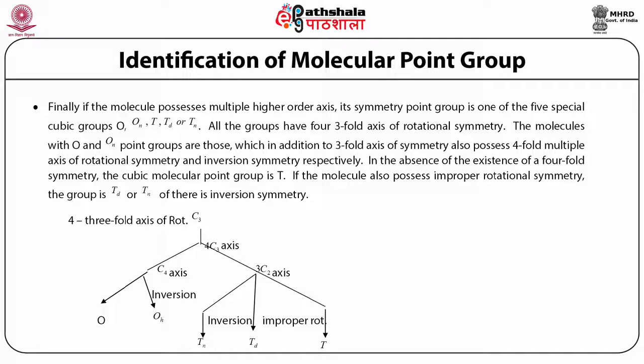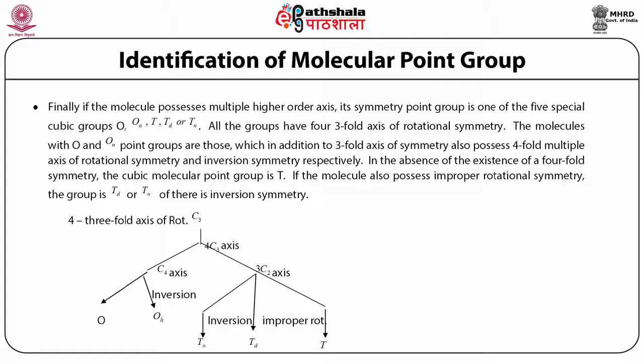The molecules with the point group O and Oh are those which, in addition to the threefold axes of symmetry, also possess fourfold axes of rotational symmetry, and inversion symmetry respectively. In the absence of fourfold symmetry, the cubic molecular point group is the group T. So if there is a fourfold symmetry, then the group could be either O or Oh.